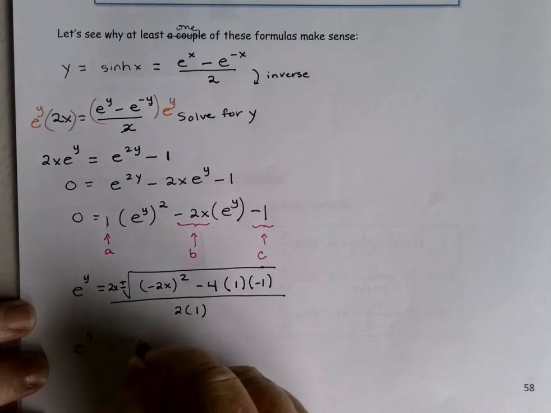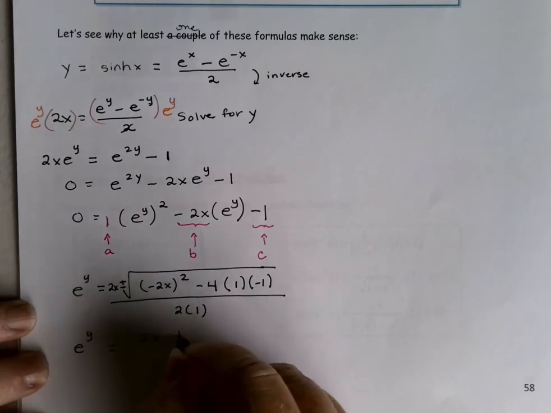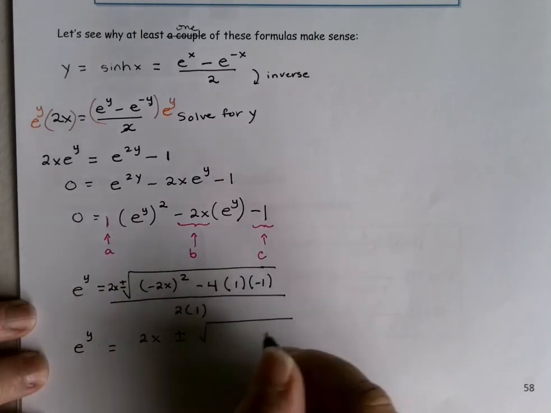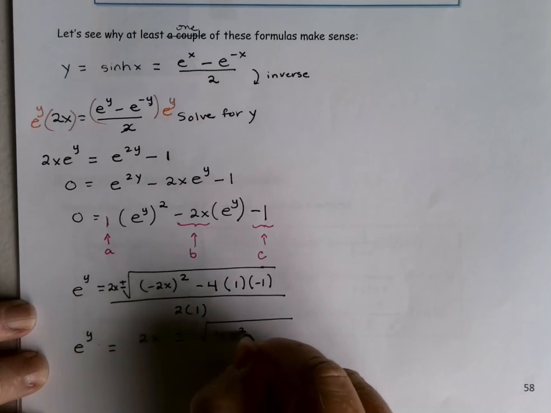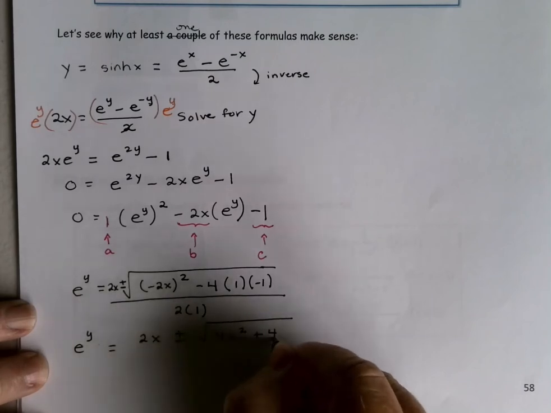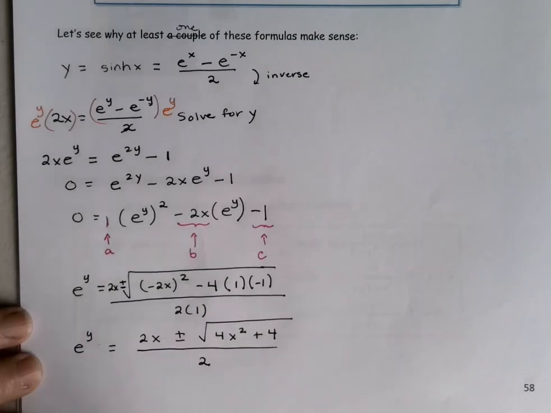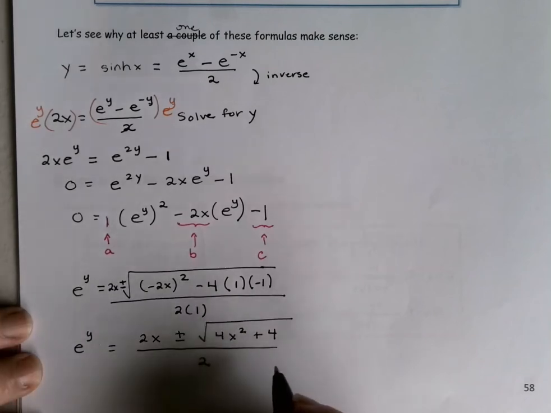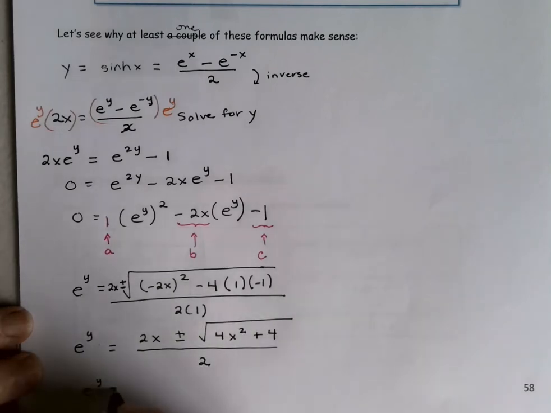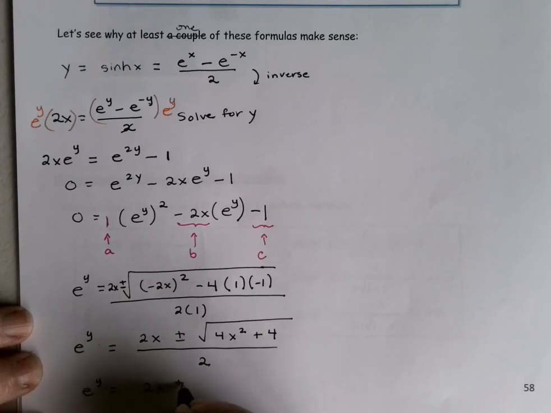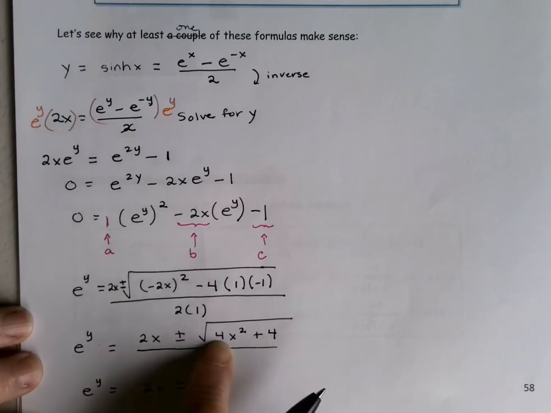Let's simplify that just a little bit. That would be 2x plus or minus the square root of 4x squared plus 4, over 2. And if I factor out the 4 under the radical, I'm going to take it out of the square root as a 2.